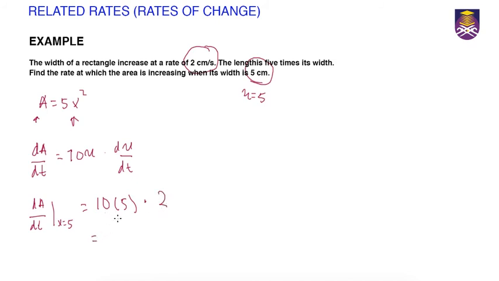So we will get 100, and the unit is centimeter squared per second. I hope from this example you know how to find the rate by using implicit differentiation and the chain rule.